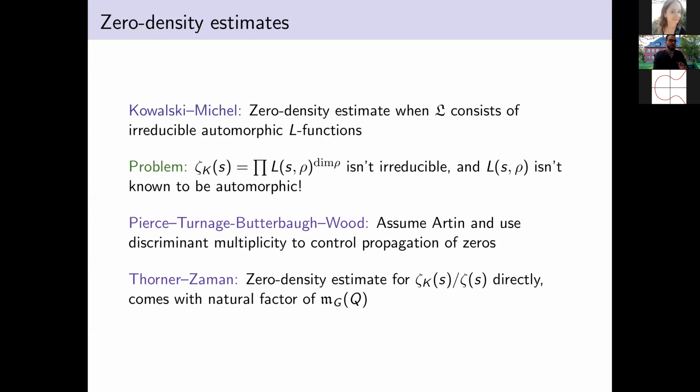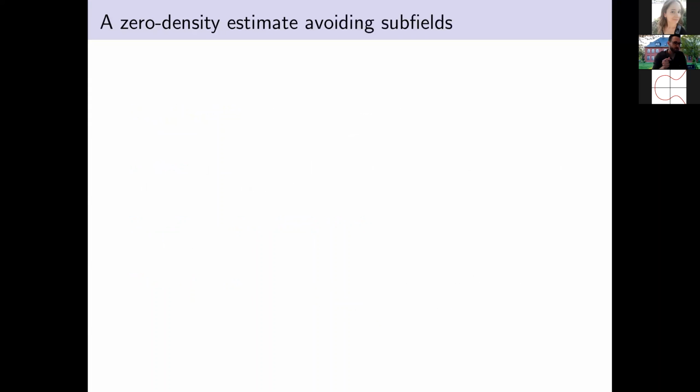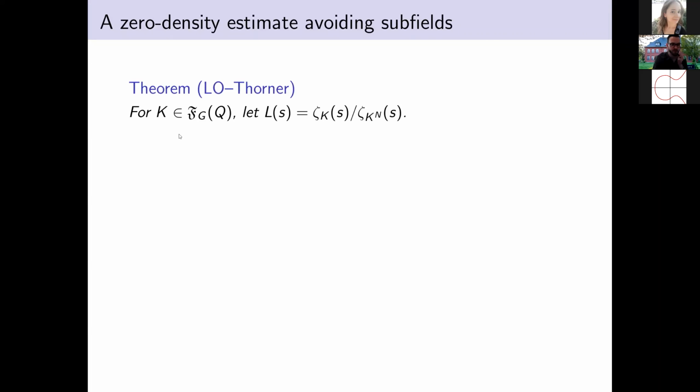Okay, so the starting point for my work with Jesse is the observation that the technology used to prove this zero density estimate directly transfers to another kind of quotient. In particular, if you look at the family of L functions that come from taking a quotient of zeta K divided by this problematic subfield we're trying to exclude, then we're able to get a zero density estimate for this family that looks like the following.